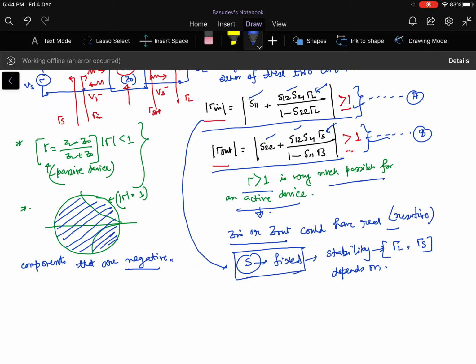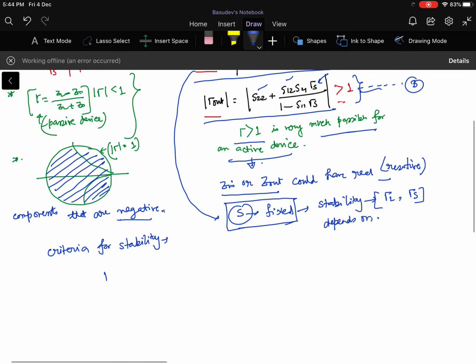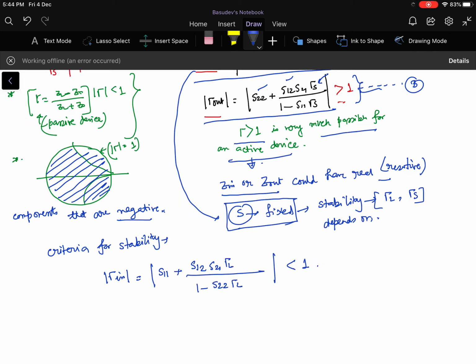So if that is my criteria for instability, then my criteria for stability will obviously be mod of tau in, S11 plus S12 S21 tau L divided by 1 minus S22 tau L, less than 1.